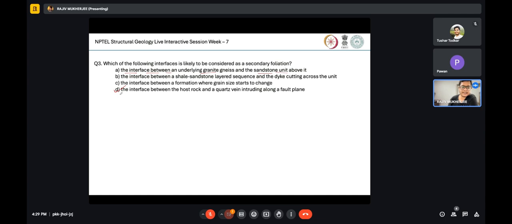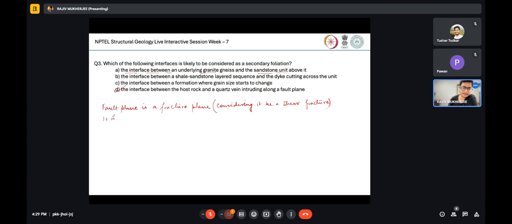Now, why is option D correct? Because a fault plane is a fracture plane, right? And since it is a fracture plane, if we consider a shear fracture, a fracture plane is a shear plane.